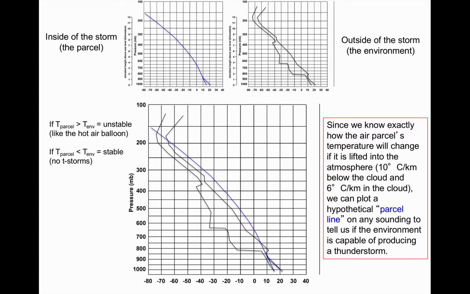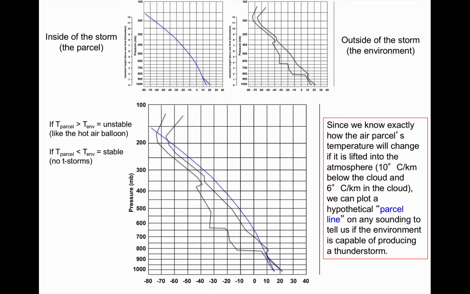If the temperature of the parcel is colder than the temperature of the environment, the atmosphere is stable. Unstable atmospheres produce thunderstorms. Stable ones don't. Therefore, whenever you look at these diagrams, if you see that the parcel line is the farthest right line on the sounding at any point in the atmosphere, that part of the atmosphere is unstable. If not, it is stable.